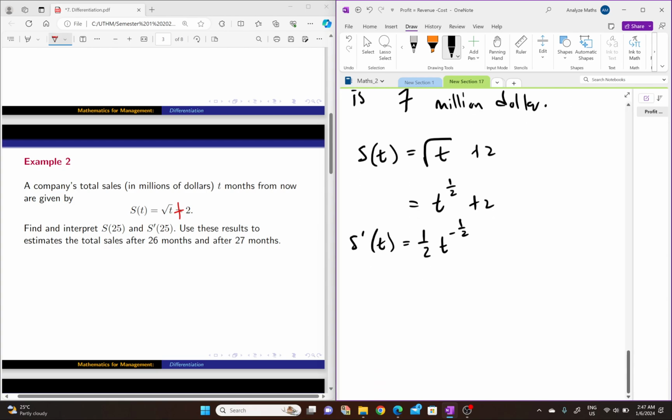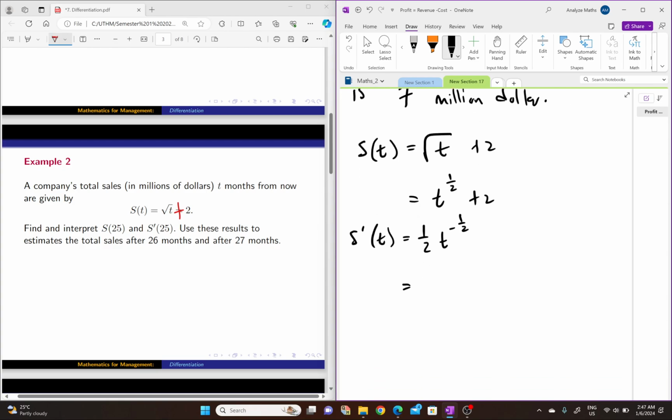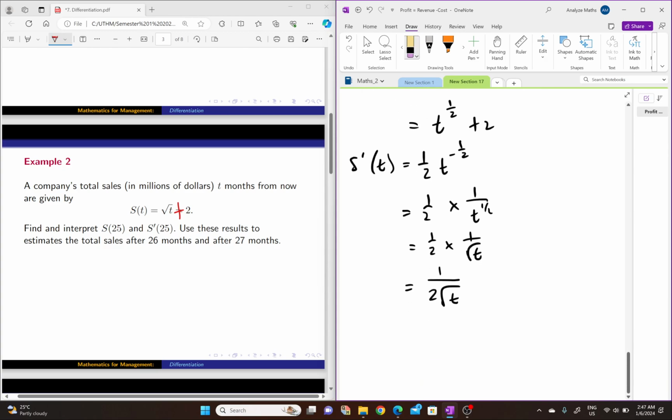We differentiate this, you get this, and you can bring this down and write it like this to simplify.